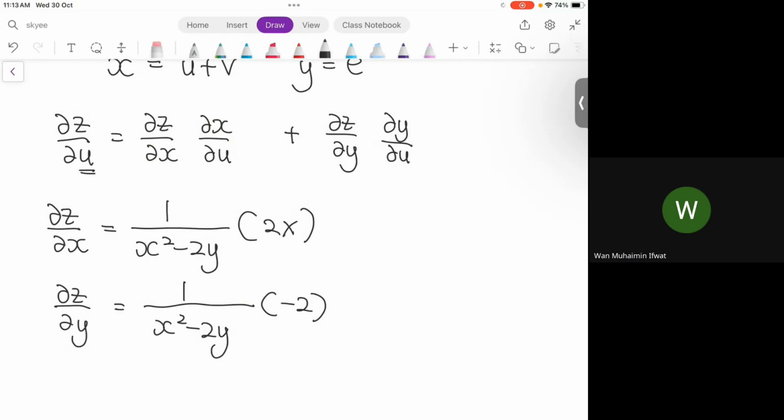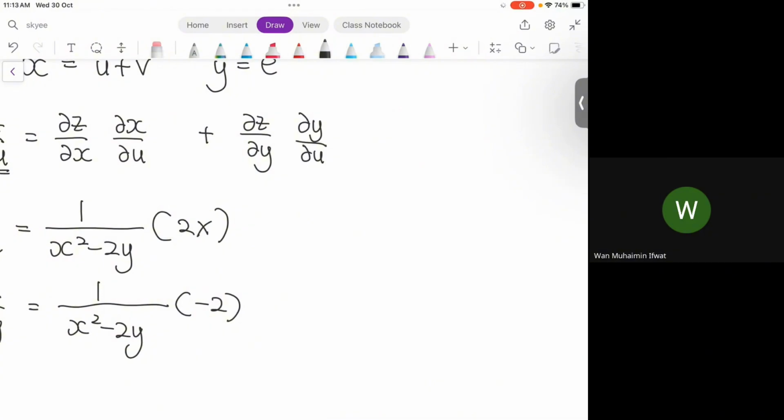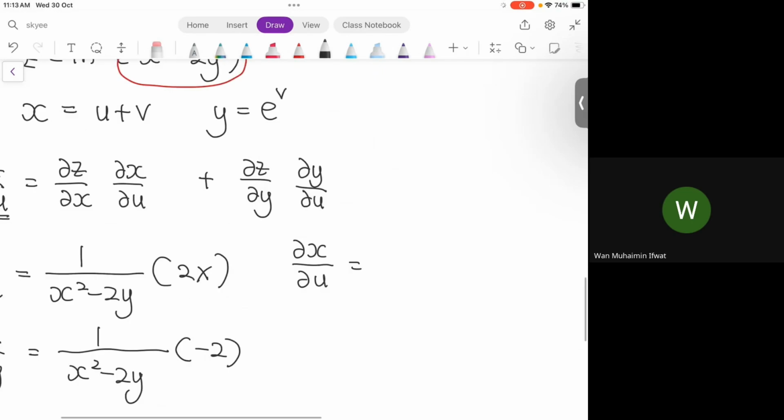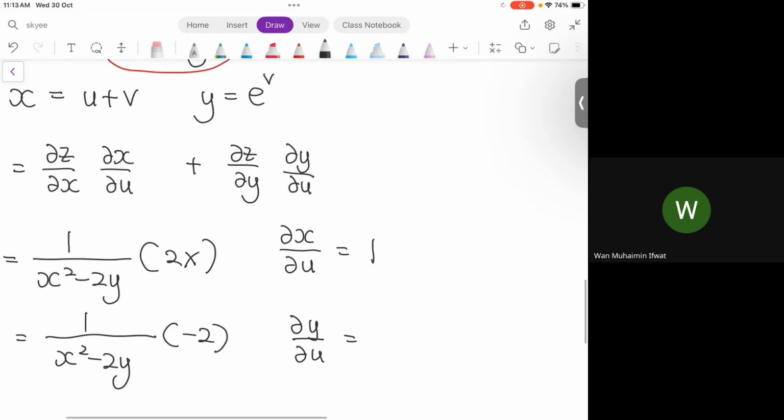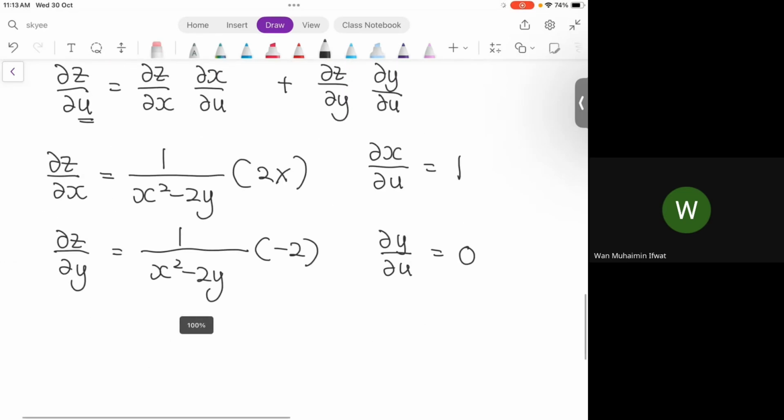Then we move on to del x del u. Del x del u is easy, right? You have 1. And for del y del u, there's no u, so the whole thing is a constant, so differentiating it gives 0.